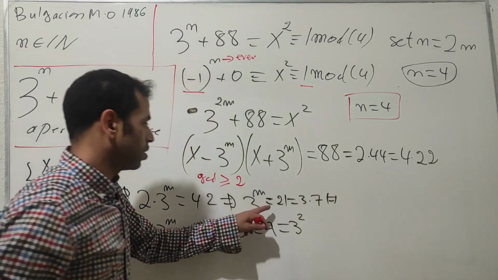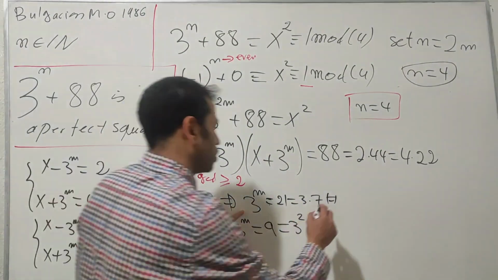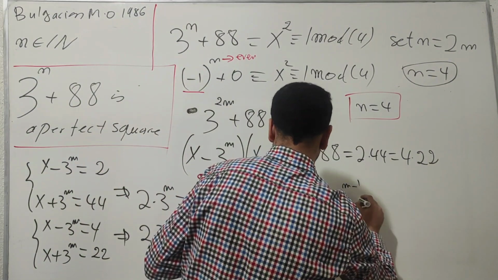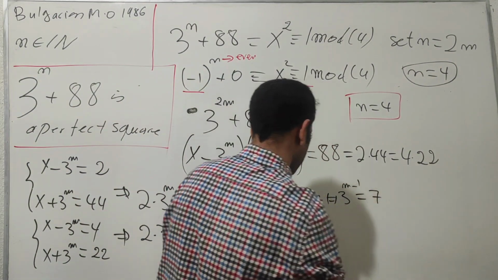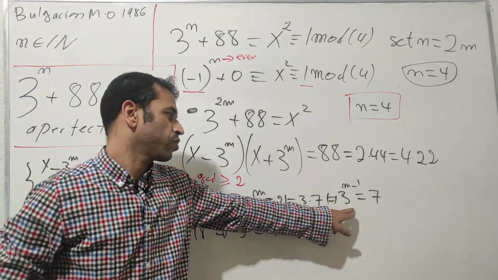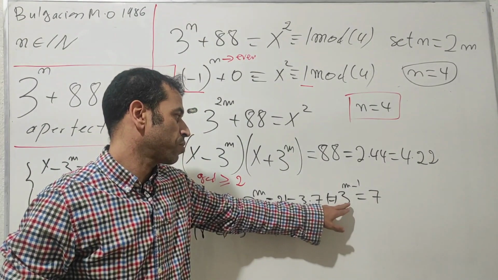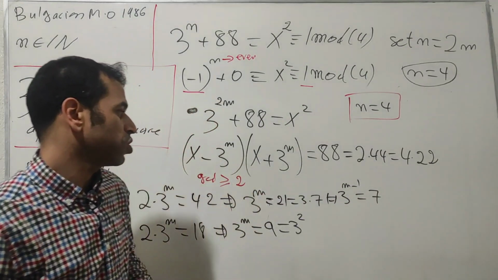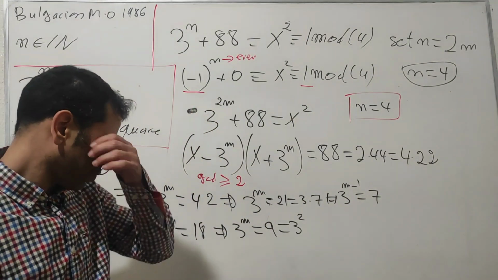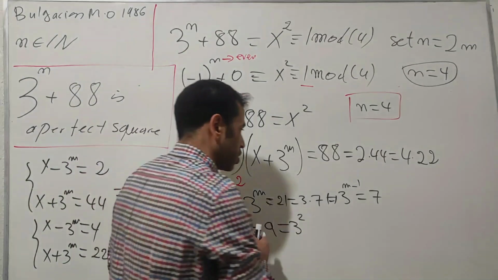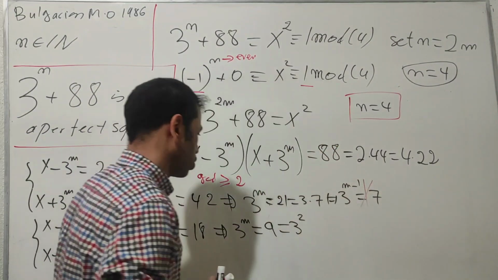Simplifying one of the 3s from here, I get 3 to the m minus 1, which equals 7. Okay, clearly we have no solution for this, because the left hand side of this equation is a power of 3, but the right hand side is not a power of 3. So clearly this is not a solution.